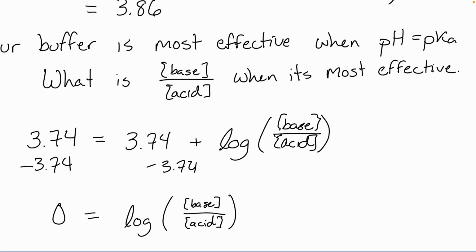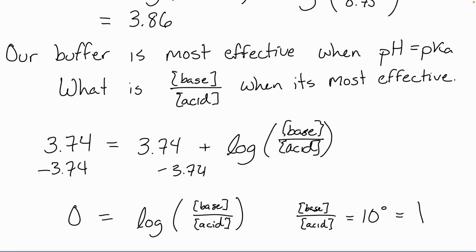How do we do the inverse of a log? Does anybody remember? 10 to the, right? So we're going to raise 10 to the power of both sides. So that means my conjugate base over my acid, my ratio, is equal to 10 to the 0. And what happens when I raise something to the power of 0? I always get 1. So that means that my ratio of base to acid is equal to 1, that's the same thing as saying that those concentrations are the same.